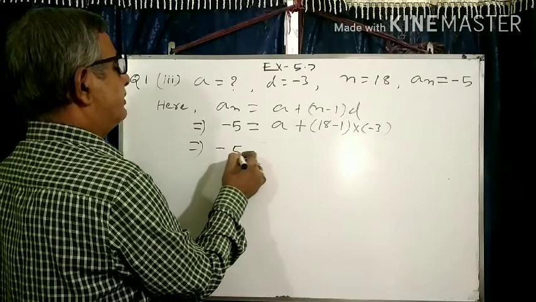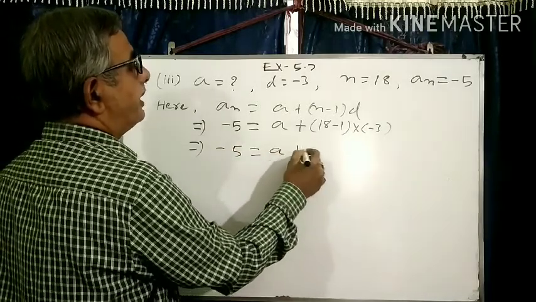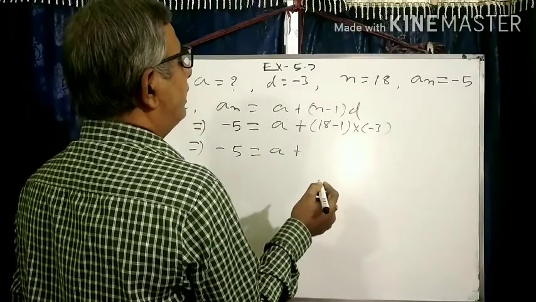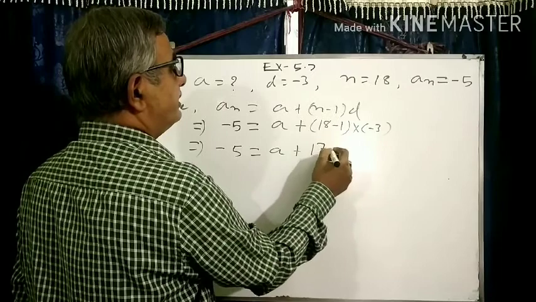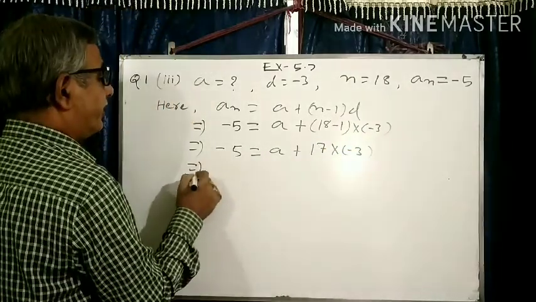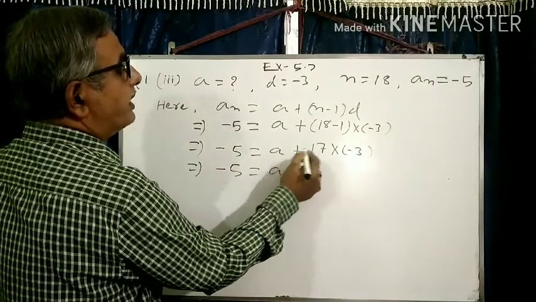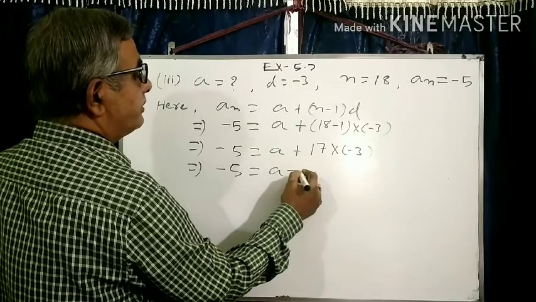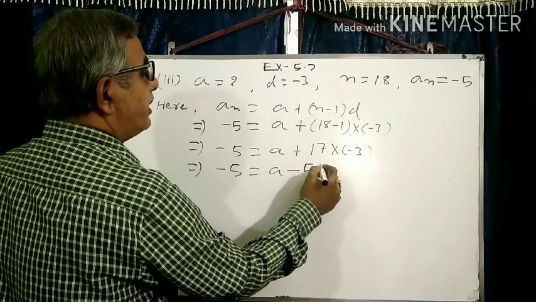Minus 5 is equal to A plus 18 minus 1 into minus 3. Listen, 18 minus 1 is 17, into minus 3 you will get minus 51.